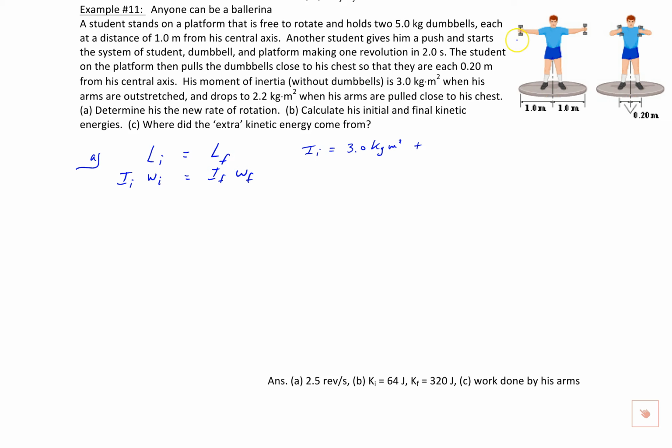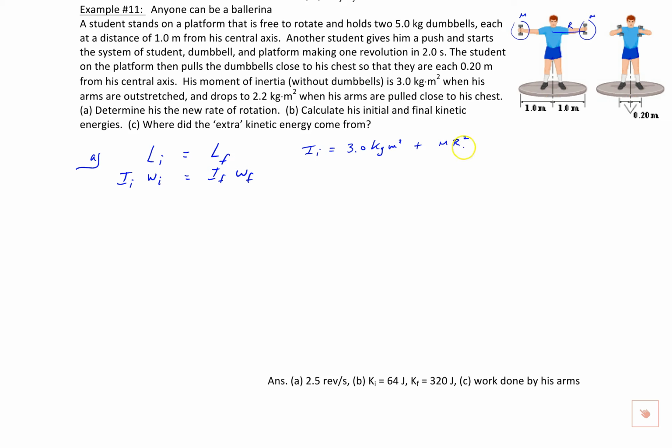And really we just need to include this bit and this bit in the problem. They both have mass m and they're a distance of, let's say, r away. Oh, and I have two of them. And if you recall, the rotational inertia for any object that has mass m a distance r away is just mr squared.